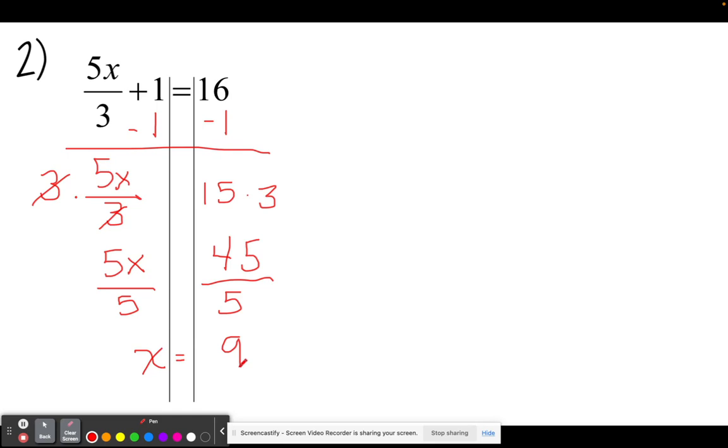Again, I highly recommend you check them when you get these more complicated problems. 5 times x, I'm saying x is 9, divided by 3, plus 1. And my question is, does that equal 16?